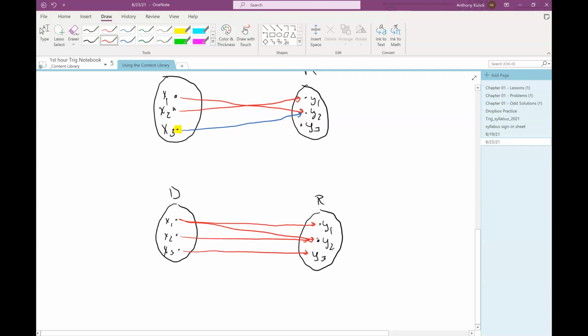Is this a function? No. What's the problem? Yeah, x1 is going to two different places. If instead we had done this, is that a function now? Yes. Okay. Very good.